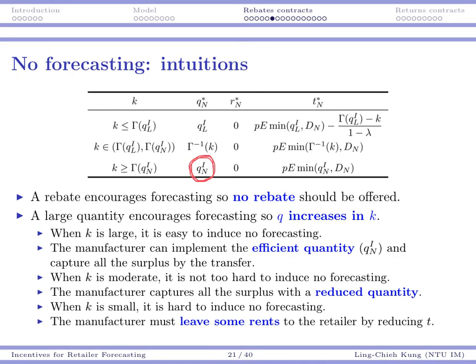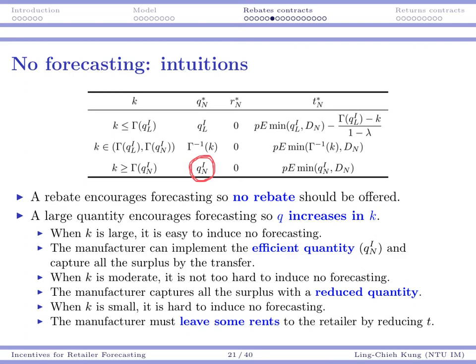Finally, if K is really small, smaller than the lower threshold, then from the manufacturer's perspective, it would be very hard to induce no forecasting because forecasting is so cheap. It would be very hard for the manufacturer to prevent the retailer from forecasting.